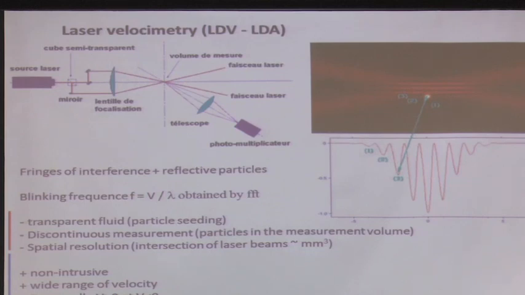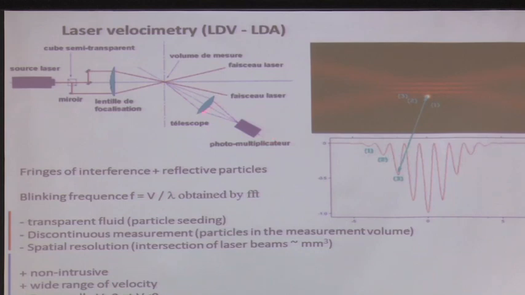Okay, very tiny mirrors. When the particle is passing through this volume with a certain velocity, you will see a blinking light, because the particle will be in the light, in the dark, in the light, in the dark.